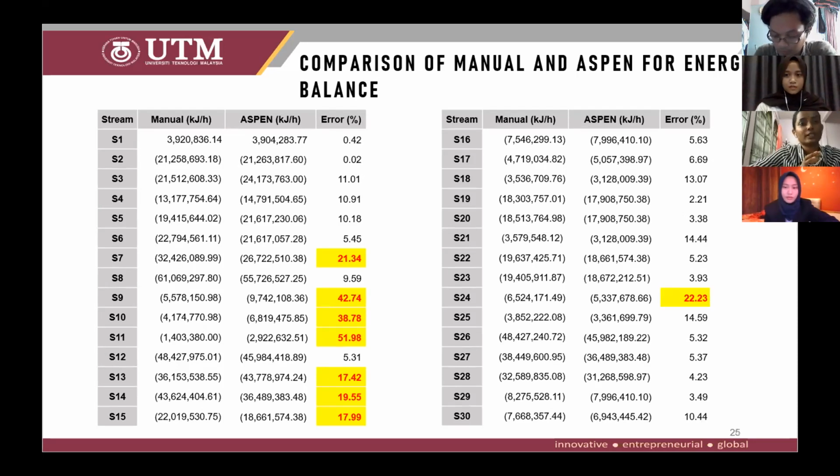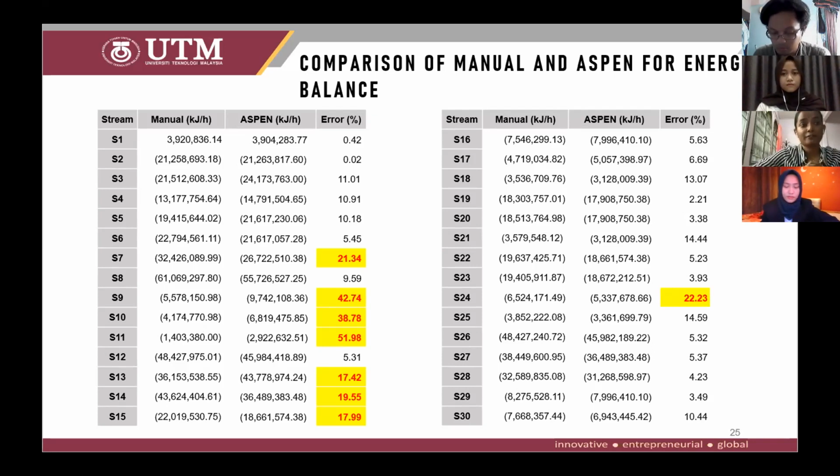Okay, so for the comparison of manual and Aspen for energy balance, there are 8 streams with significant errors. For streams 9, 10, and 11, I would say the errors originated from the mass balance calculation itself.